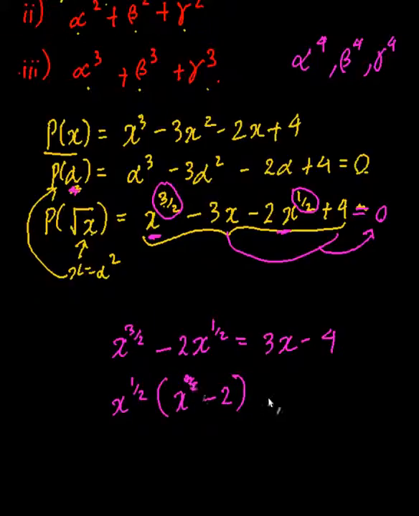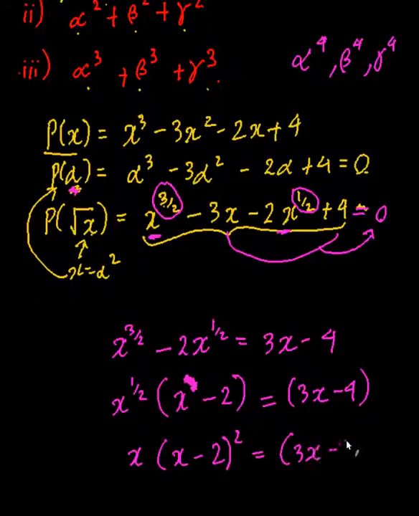So that's equal to 3x minus 4. Now the trick here to make it into integer powers is that I'm going to square both sides, because when I square both sides, I will end up with x times x minus 2 all squared is equal to 3x minus 4 all squared.